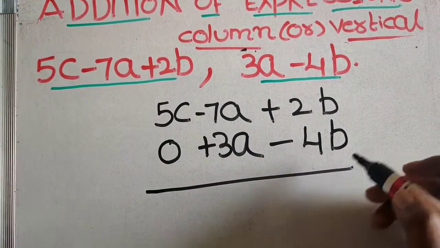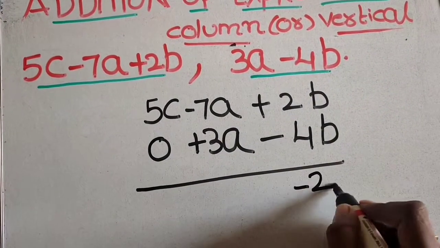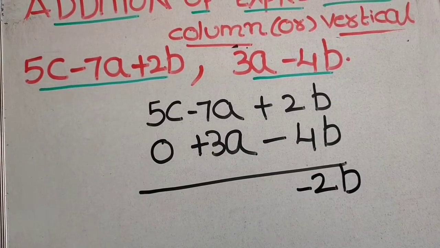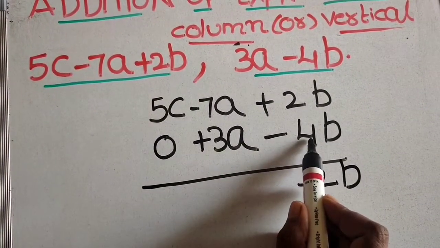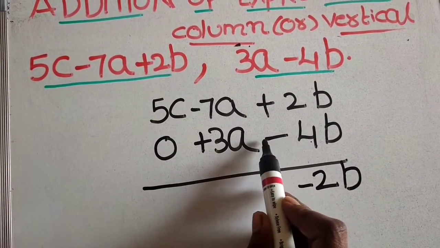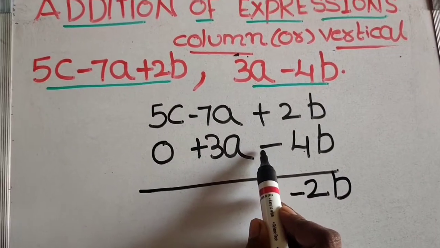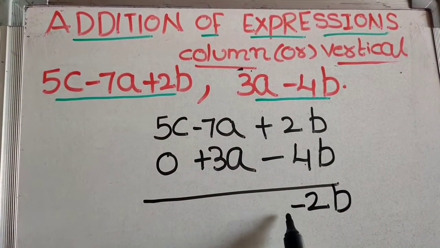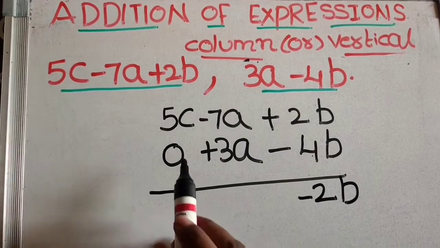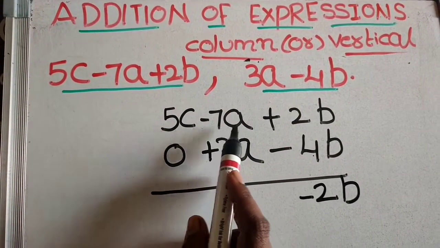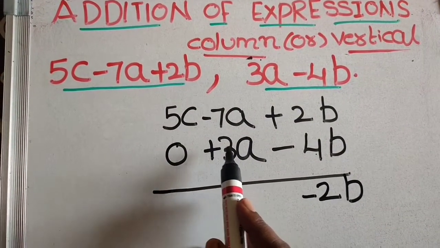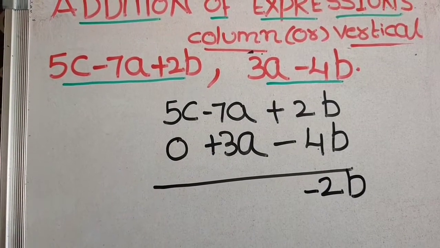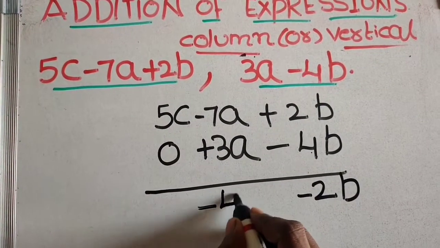So now start doing the subtraction. 2 minus 4 gives minus 2b. Next, minus 4 has the minus symbol. So which is the greater number? 2 is greater or 4 is greater? 4 is greater. So it has a negative symbol, so we have taken minus. Now see here, 7 and 3.